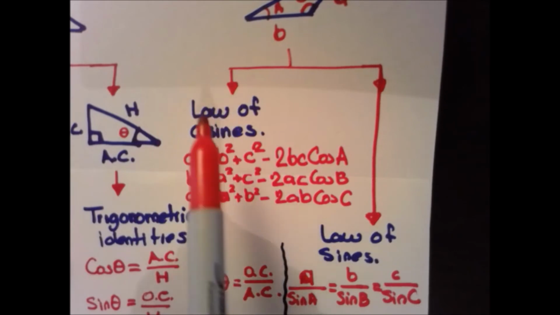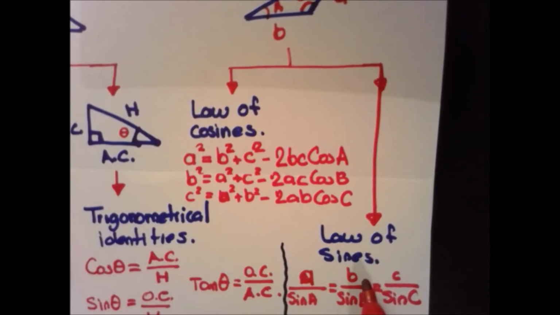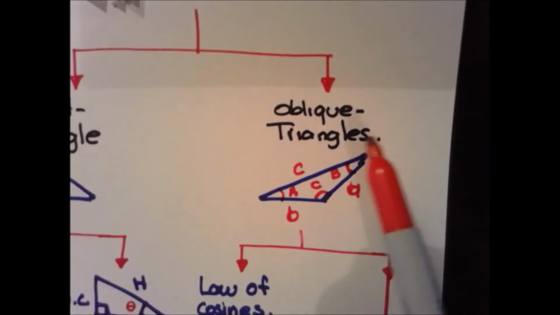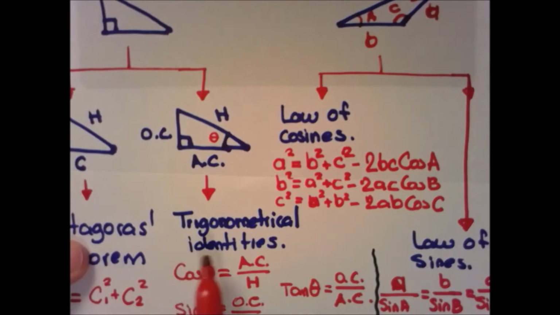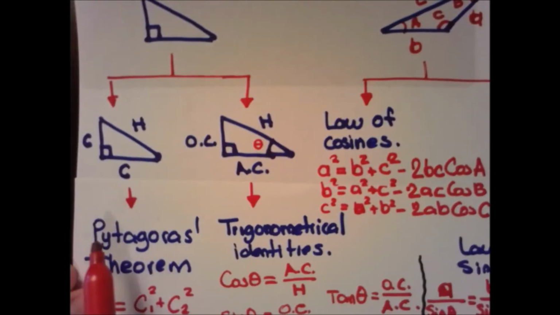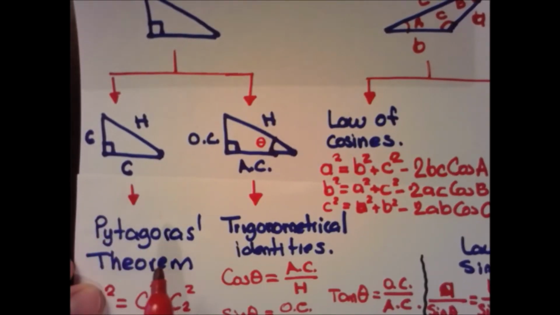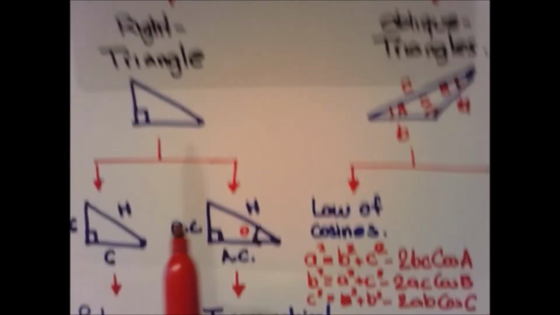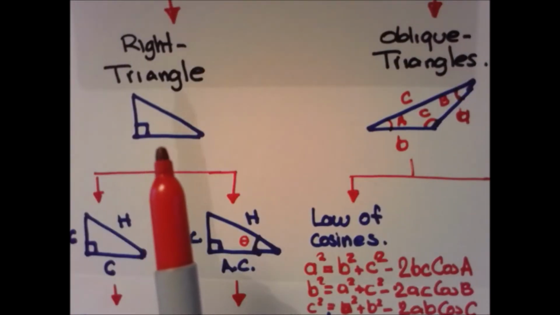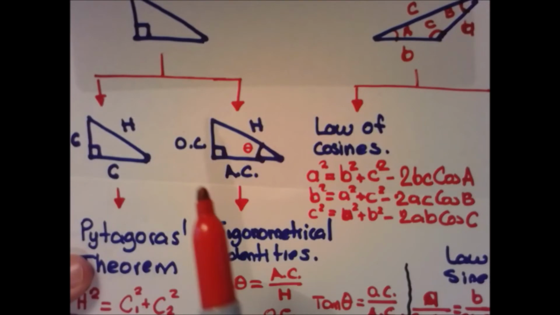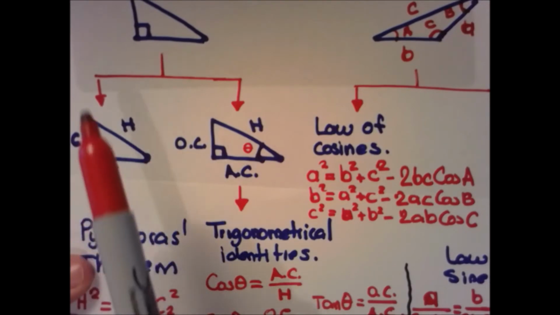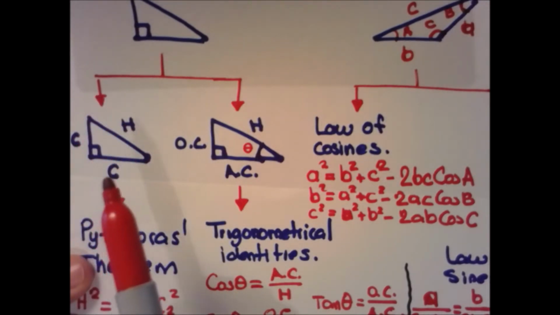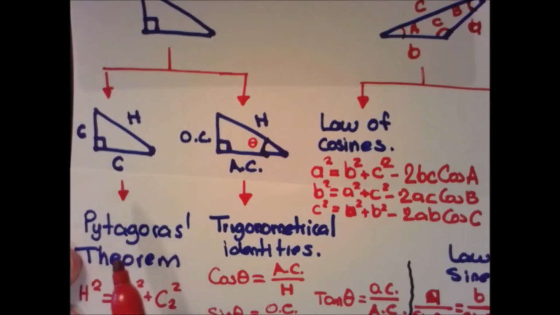Law of cosines and law of sines are going to be used only with oblique triangles. Trigonometric identities and the Pythagorean theorem are going to be used only with right triangles. And if you talk about only lengths of the sides, you are going to use only the Pythagorean theorem.